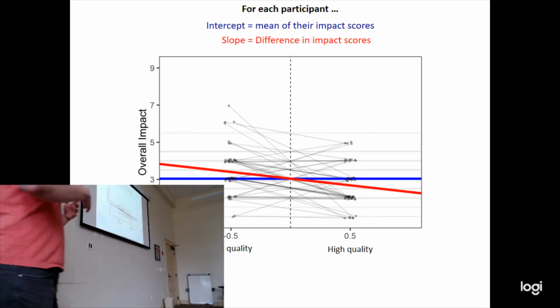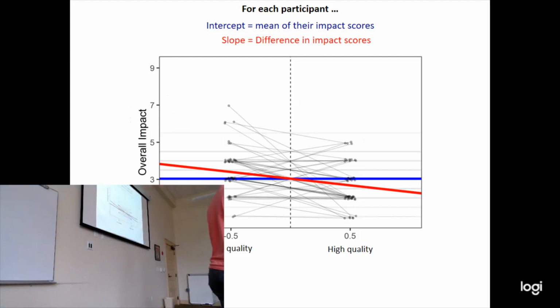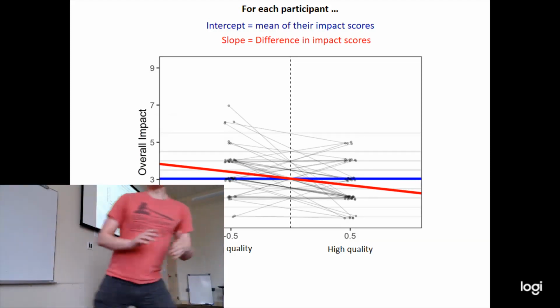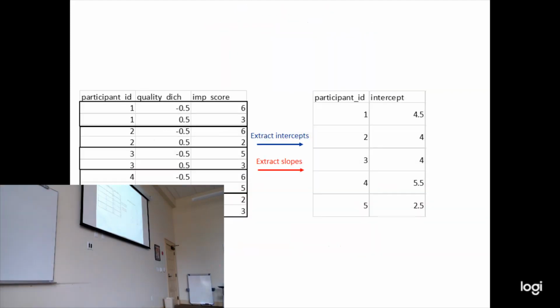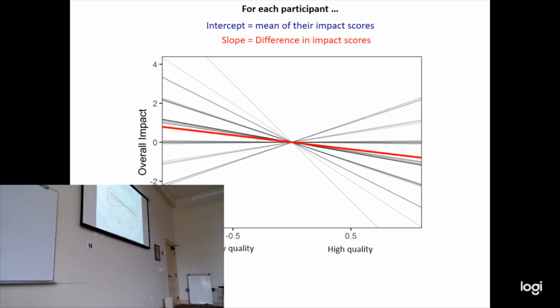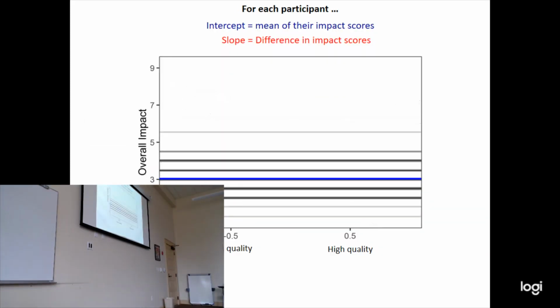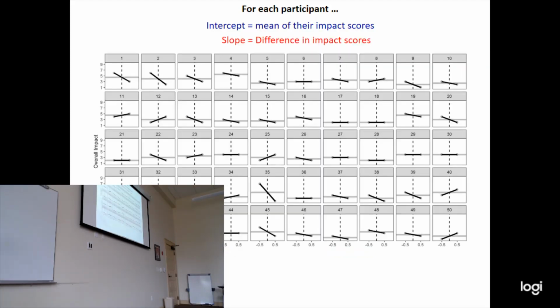So this is kind of a messy way of representing all this information on one graph. I showed you the intercepts and slopes, and I showed you multiple panels, one for each reviewer.